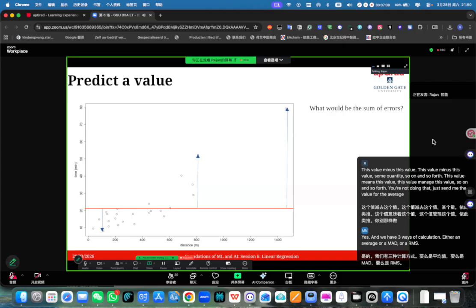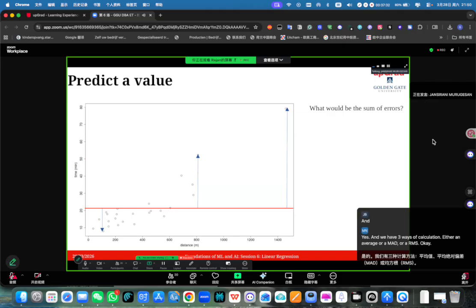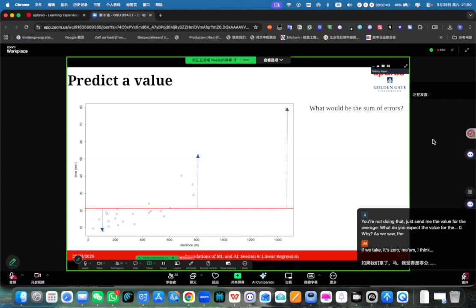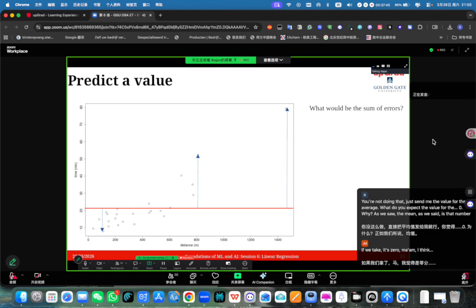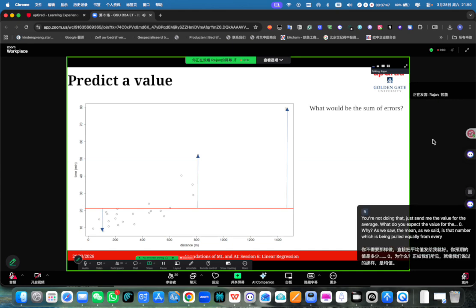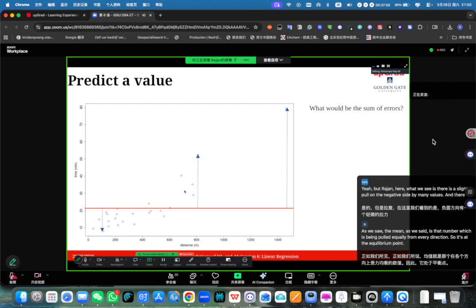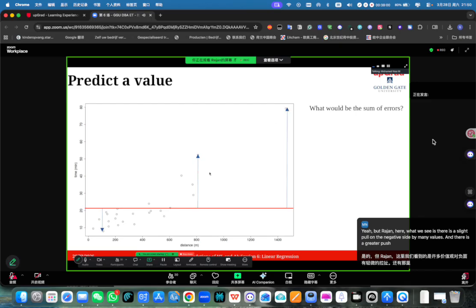What do you expect the value to be? Sir, it's 0. Why? As we said, the mean is that number which is being pulled equally from every direction. So it's at the equilibrium point. Yes, but here there is a slight pull on the negative side by many values, and there is a greater push on the positive side by the outlier.